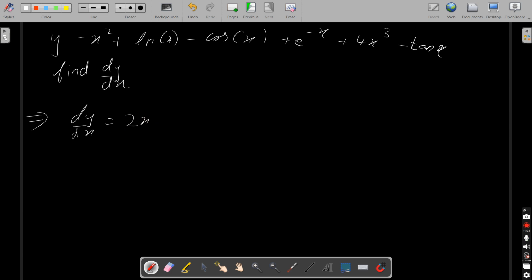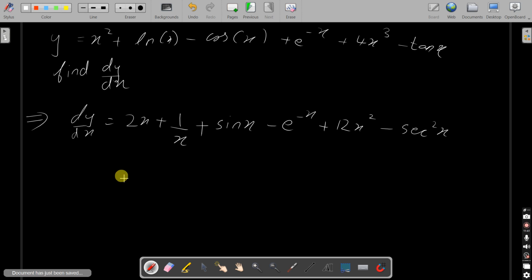Plus 1 upon x, minus cos x becomes plus sin x, minus e to the power negative x becomes negative e to the power negative x, plus 12x squared, minus tan x becomes minus sec square x. This is our answer.